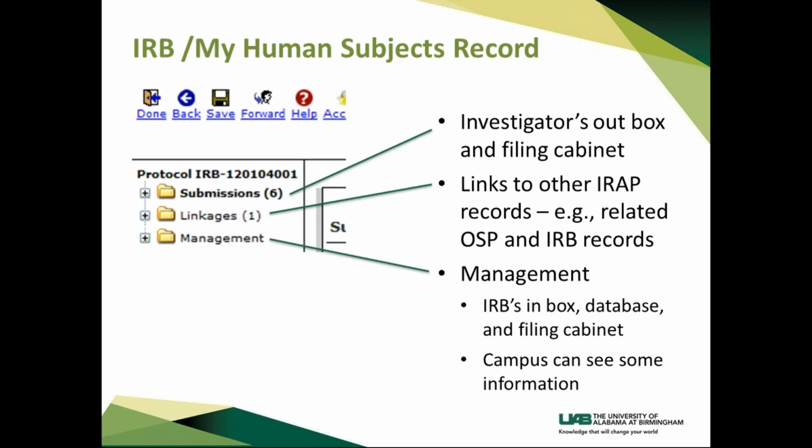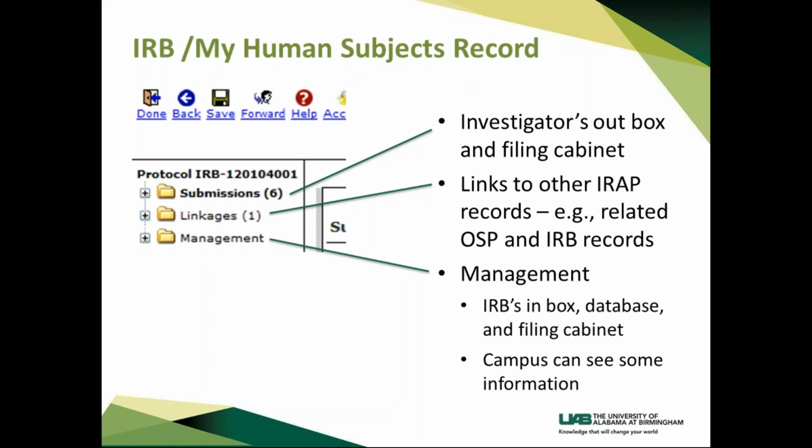Does that mean you can see another PI that may have had a project under the IRB? That is going to depend on how it worked. For IRB, you probably could see if they linked two IRB protocols together, so you'd be able to see that there was another linked protocol.